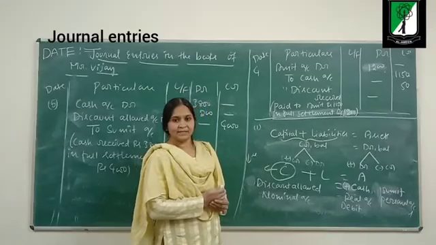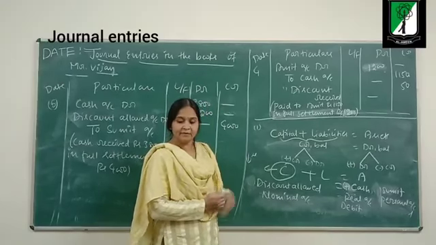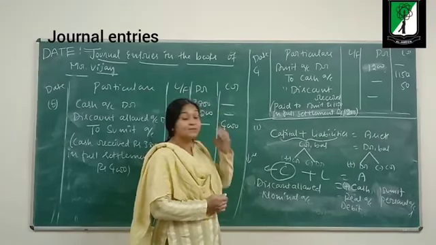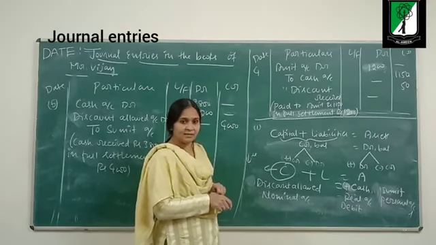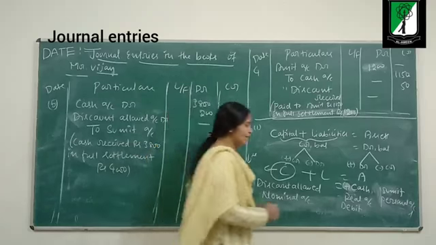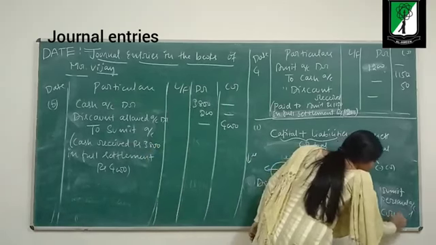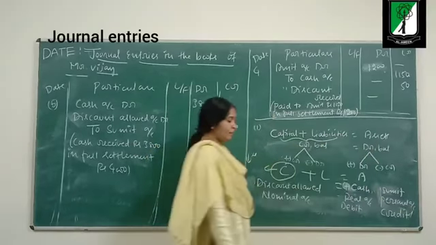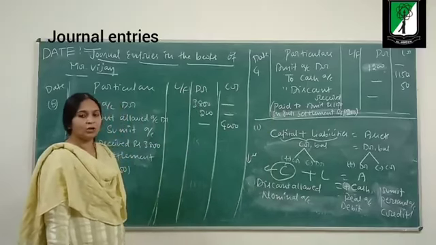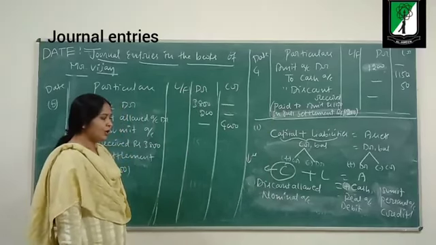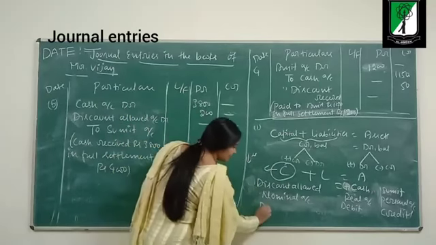Sumit is a person. Business is receiving rupees 3,800 from Sumit. For a personal account: debit the receiver, credit the giver. So I will credit Sumit account. Discount allowed is a loss, so under the nominal account rule, debit all expenses and losses.